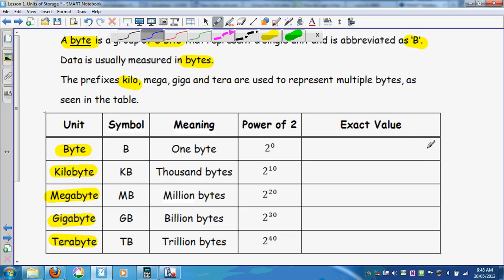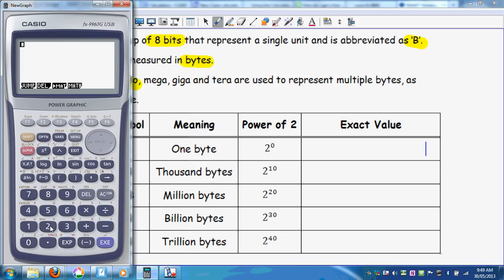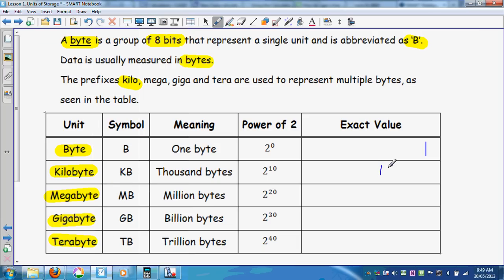So 1 byte is just 1. But 1,000 bytes or a kilobyte is 2 to the power of 10, which is not 1,000, but let's have a look. 2 to the power of 10 is 1,024. So instead of looking at everything as 1,000, we're actually looking at everything being multiplied by 1,024.